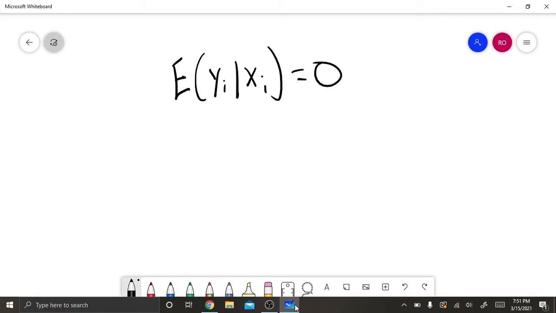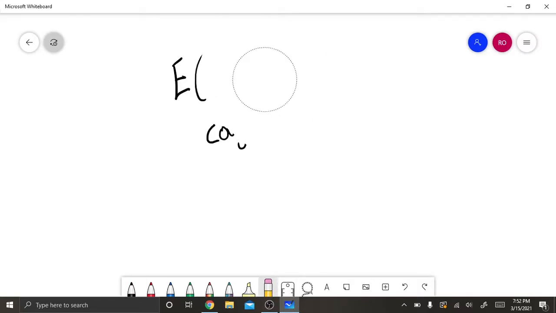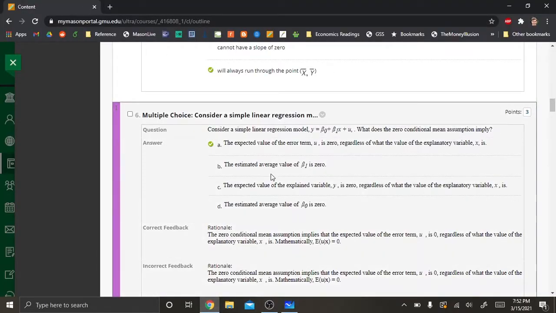And that's basically telling you that the covariance of yi and xi is equal to 0, which is basically saying there's no relationship between x and y, which, why are you running a regression? So it's not that one. The estimated average value of beta 1 is 0. This is actually the same as C.